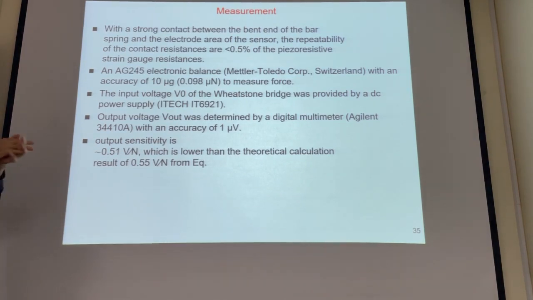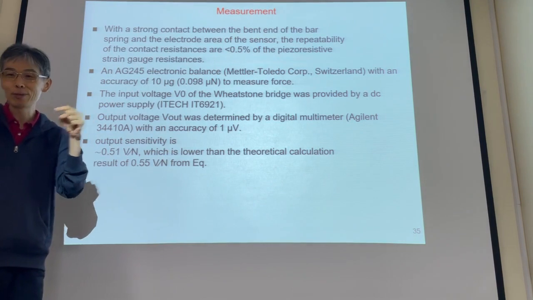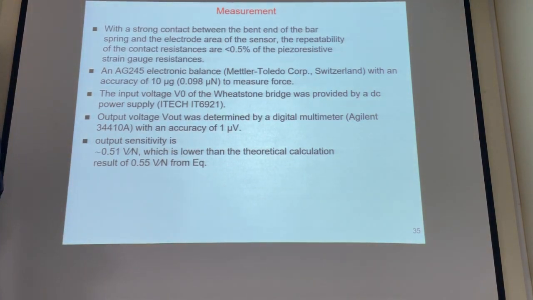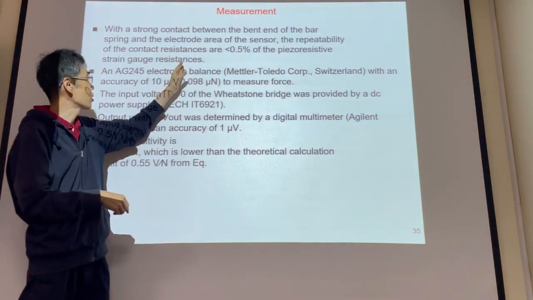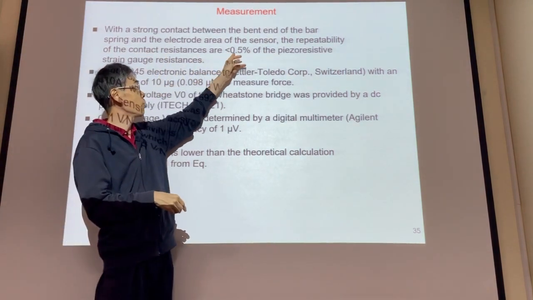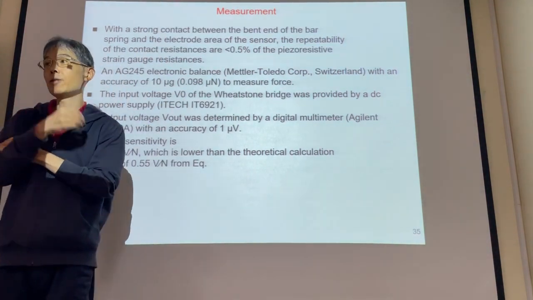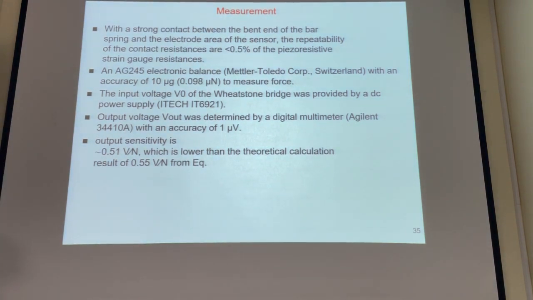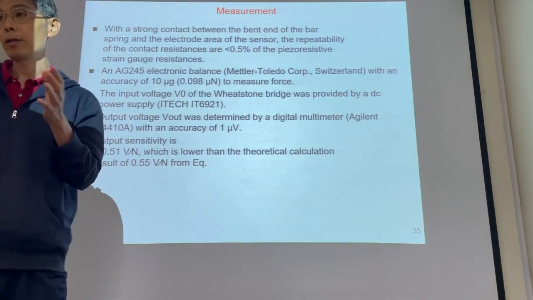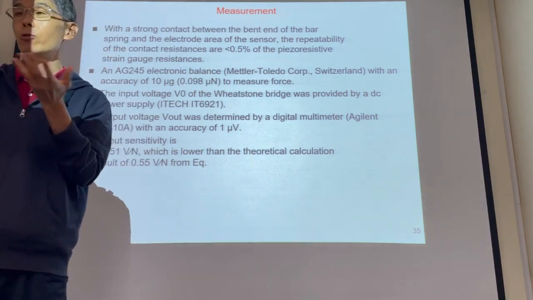They say they have a very strong contact between the probe and the pad. So they could measure the piezoresistance because they say the contact resistance is less than 0.5% of the piezoresistance. So they said, fine, it can work in their case. And in their experiment, they use an electronic balance. An electronic balance is a scale to measure weight.